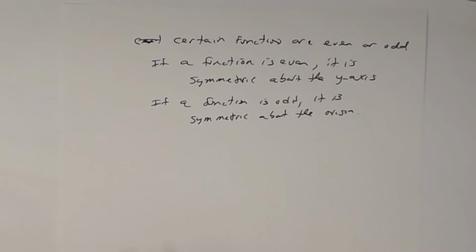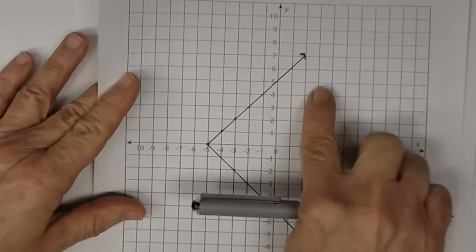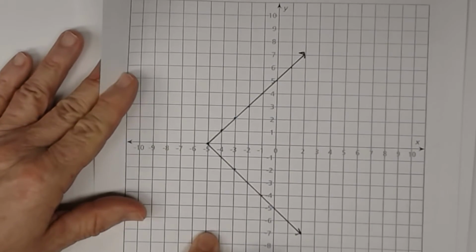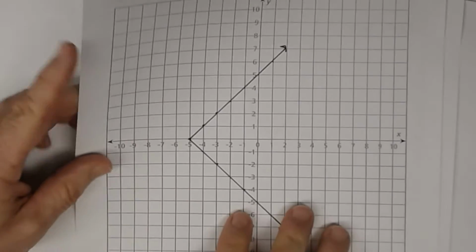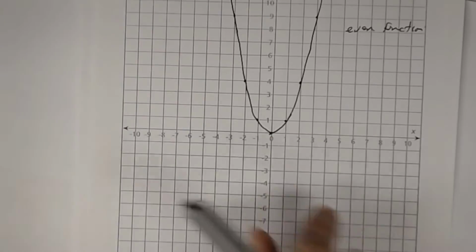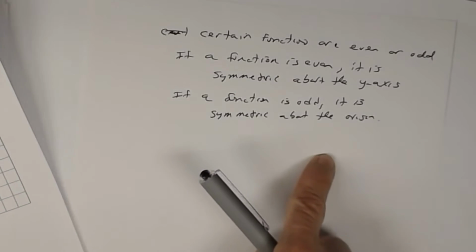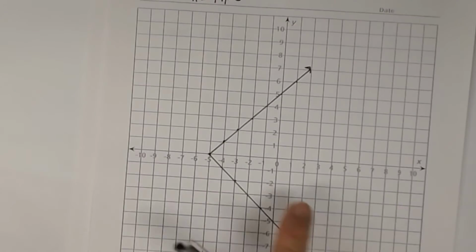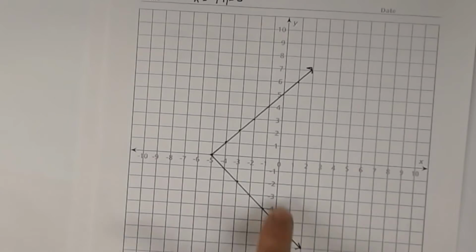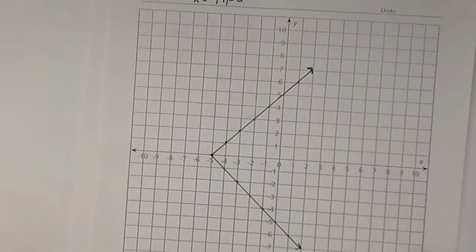Now you may say, well, what about the x-axis? Well, remember, if it's symmetric about the x-axis, it's not a function, right? We can't say x-axis here, because if it's symmetric about the x-axis, it's no longer a function. It fails the vertical line test.